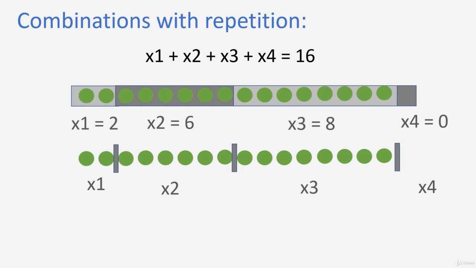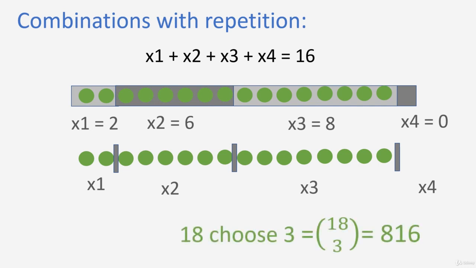So we are actually kind of picking 3 elements from 16 plus 3, right? And we don't care about the order. All the elements can be the same. So the result of this would be 18 choose 3. And that should be 816.